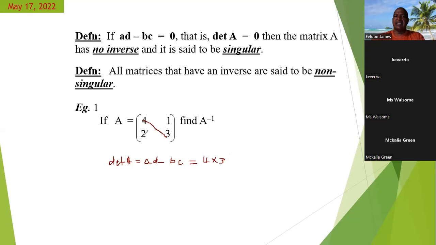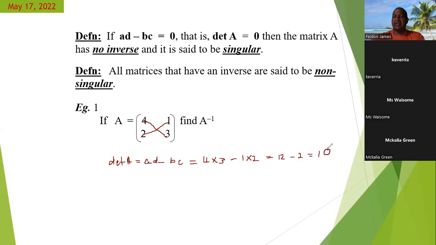And then BC would be based on these two, negative 1 times 2. And here, when we do the calculation, do your multiplication first before you do the subtraction. So 4 times 3 is 12, minus negative 1 times 2, which is negative 2. So now you would subtract negative 2 from 12.